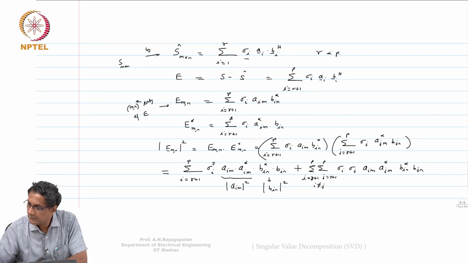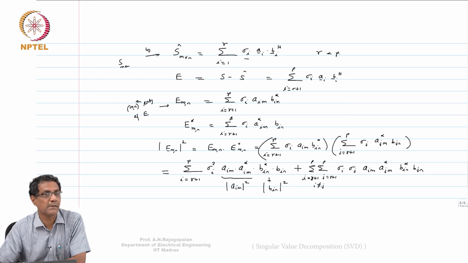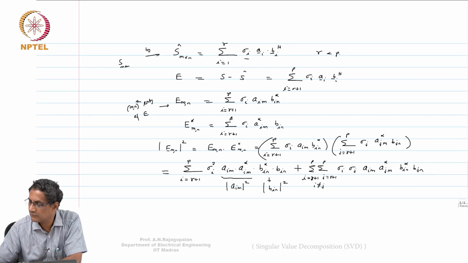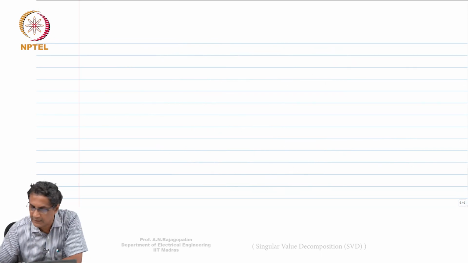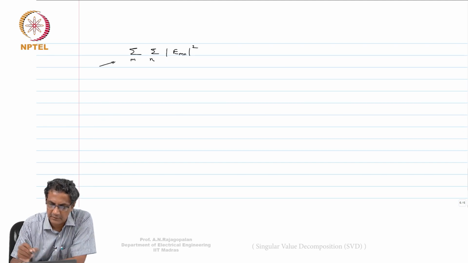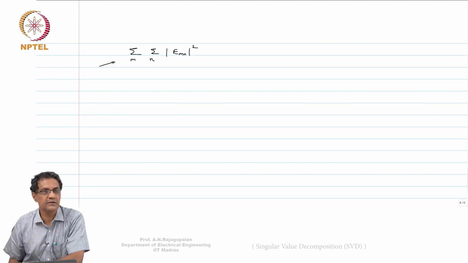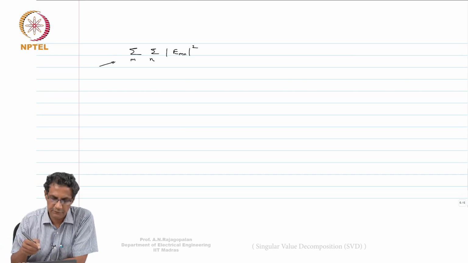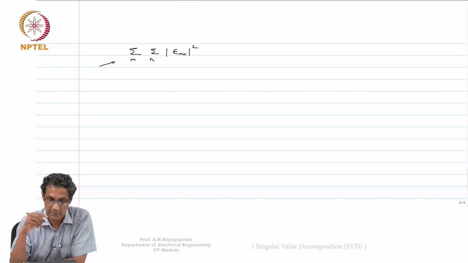For that, I should sum it up over all m comma n, over all the entries of this error matrix. So if I do that, summation over m, n, over the size of the image, of magnitude E(m,n) squared, this will be the Frobenius norm squared of E, the error matrix.